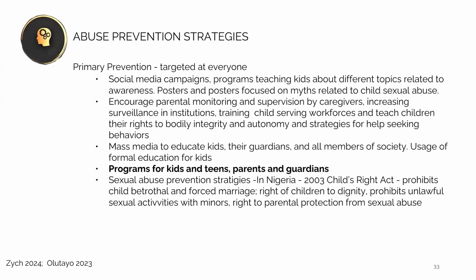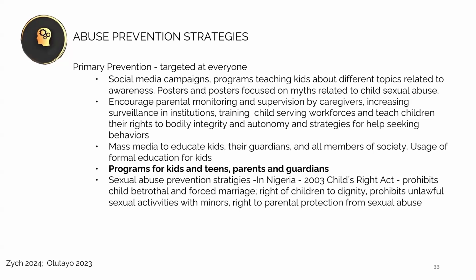Increasing surveillance in institutions. As we know, children are abused in settings outside of the home, at schools, at community centers. Training our child serving workforces and teaching children their rights in regards to body integrity and autonomy, and strategies for help-seeking behavior.